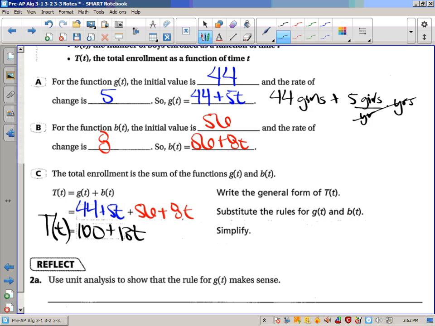Year. So that means at the end I'll have a certain number of girls. So depending on how many years you're looking at, 2, 3, 4, whatever, the years will cancel and we will just have a value of girls left.